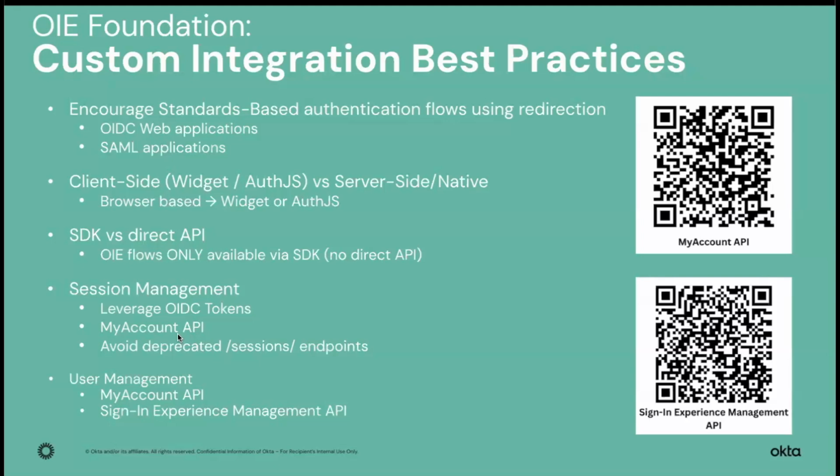So if you're using Authn and you're not using an Okta SDK today, you're just doing direct REST API calls, and you want to take advantage of the new OIE functionality, at minimum, you're going to need to move to one of the OIE SDKs, whether that's a server-side SDK or the client-side Auth.js SDK, et cetera.